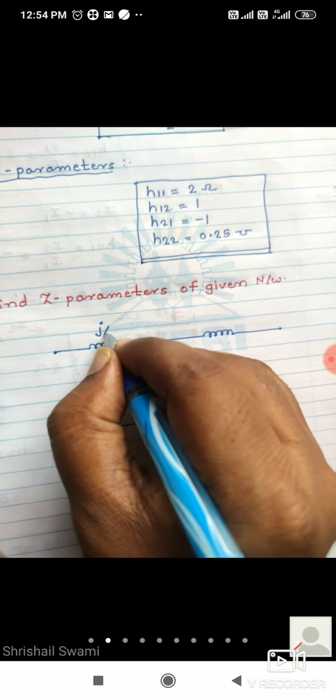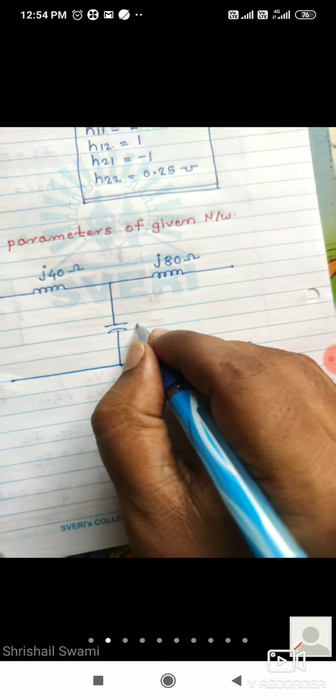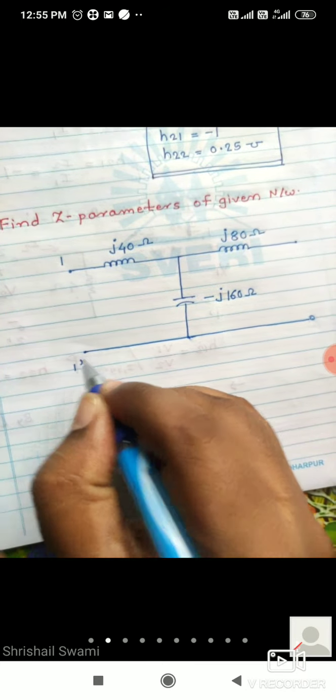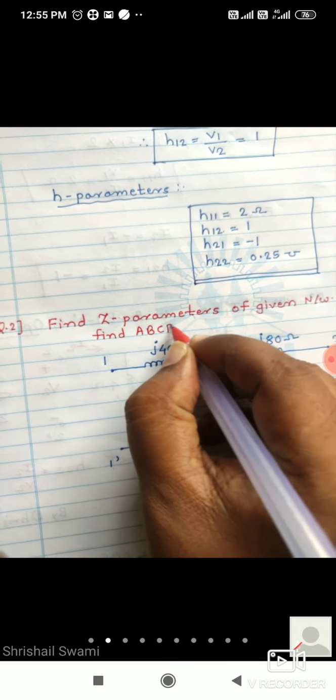Their impedances are given: J40 ohm, J80 ohm, and this is minus J160 ohm. If 1 dash is not given, you can take 2 dash. They are asking for Z parameters of the given network and also to find ABCD parameters or transmission parameters.